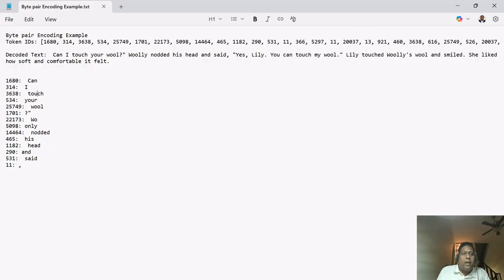Out here, this would be interesting. It's actually a subword tokenization scheme, and the best way to express it is here. Wool, as you can see, is token 25749, and you would think it is one word, but it's split like this: 22173 and 5098. What is 22173?